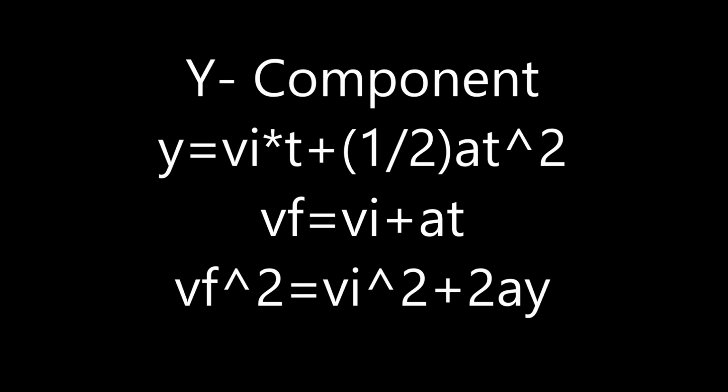The other equations for the y direction are velocity final in the y direction equals velocity initial plus acceleration times time, and velocity final squared equals velocity initial squared plus 2 acceleration times y. Those should sound very familiar, because they're the kinematic equations just in terms of x and y components.